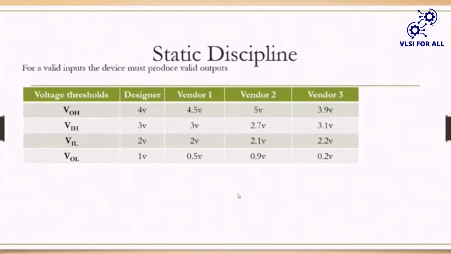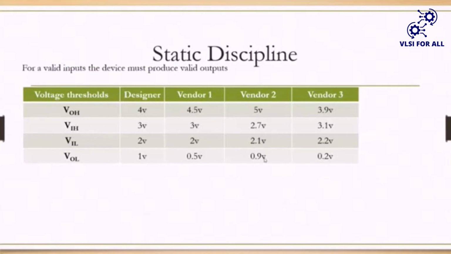Team, here the observation is, we know very well, VIH value, to get high noise margin, must be small, right? Here the designer value is 3 volts, but in vendor 3 the value is more than 3, that is 3.1. So he is not eligible. So don't take his file. If you take his file, as he is coming for a lesser price, the business people may hire vendor 3.